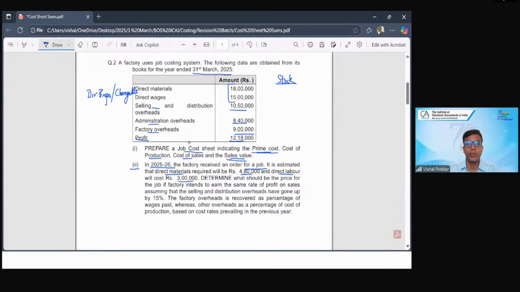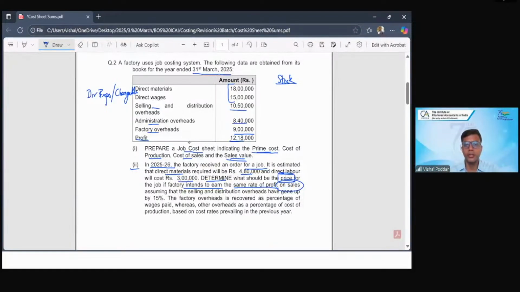Fine. Now, you are required to do what? You have to find out what should be the price for this job if the factory intends to earn the same rate of profit on sales. So what you earned in this current year of 24-25, you wish to earn the same rate of profit.